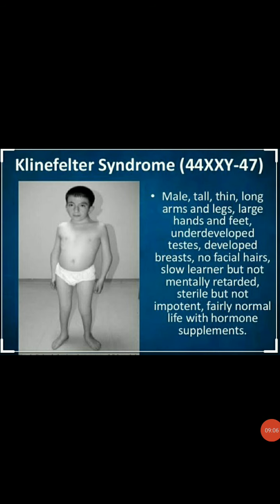Now, Klinefelter syndrome occurs in males. Here also a trisomy condition occurs. Actually, here a male is born with an extra copy of the X chromosome. That means XXY will be there in the male who has Klinefelter syndrome. As a result, they have underdeveloped testes, dysgenesis of seminiferous tubules.